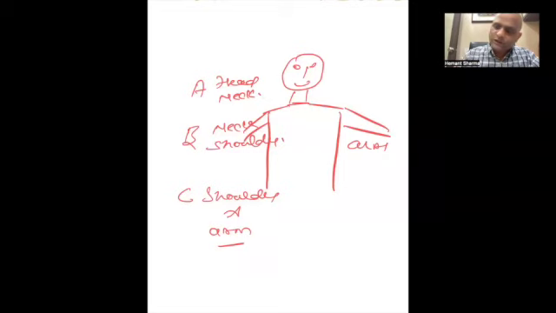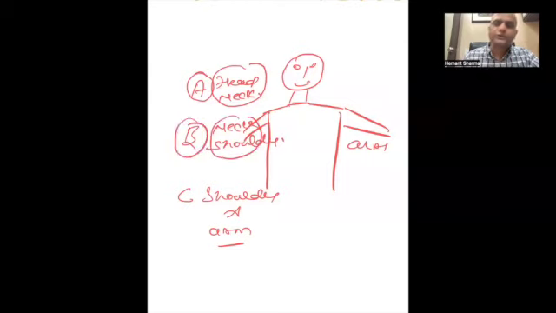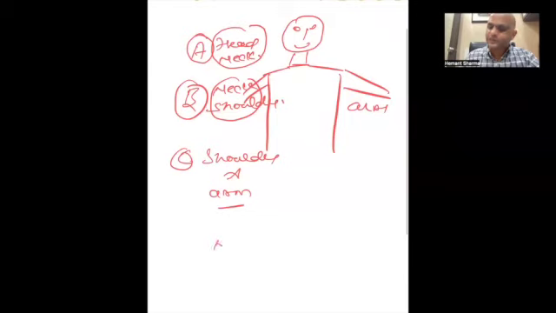If a person is suffering with any problem in the head region, treat the A point. Any problem in the shoulder and neck region, treat the B point. Any problem in the arm, treat the C point. We can also use 2 points. Suppose someone is having neck pain, you can use the A point as well as the B, because the neck is coming on both sides.